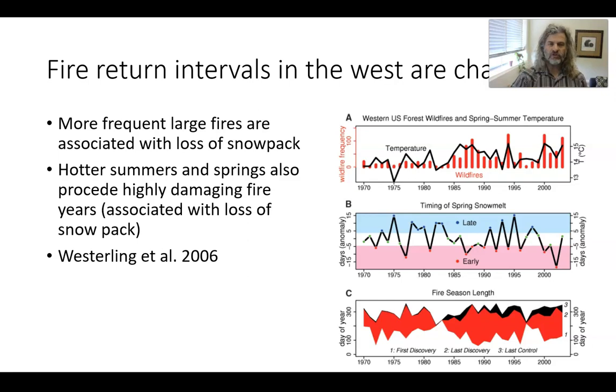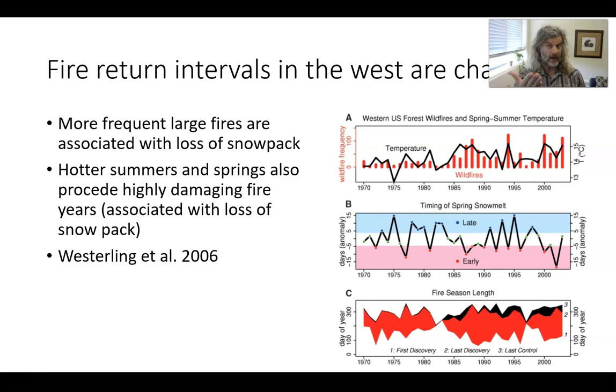These temperature factors influence the persistence of snowpack, and in particular, when you have an early melting of the snowpack, either because the snowpack is small or simply because it's hot in the spring and the summer, those environmental factors are associated with an intensified fire season.